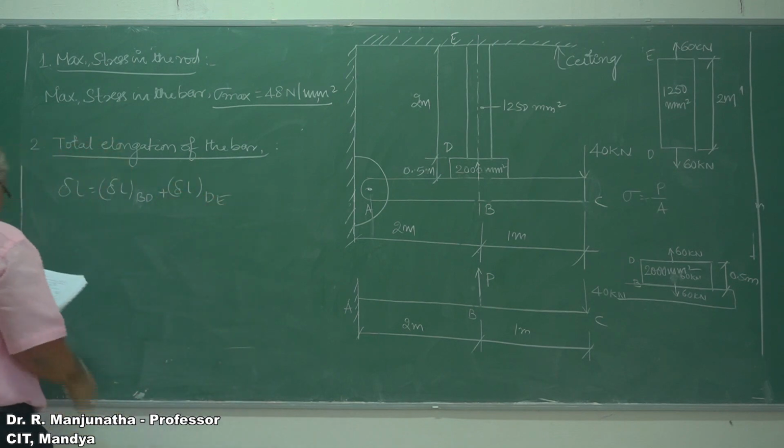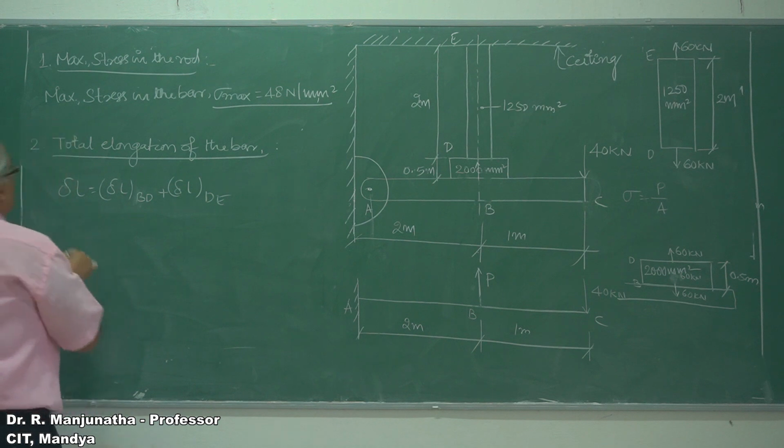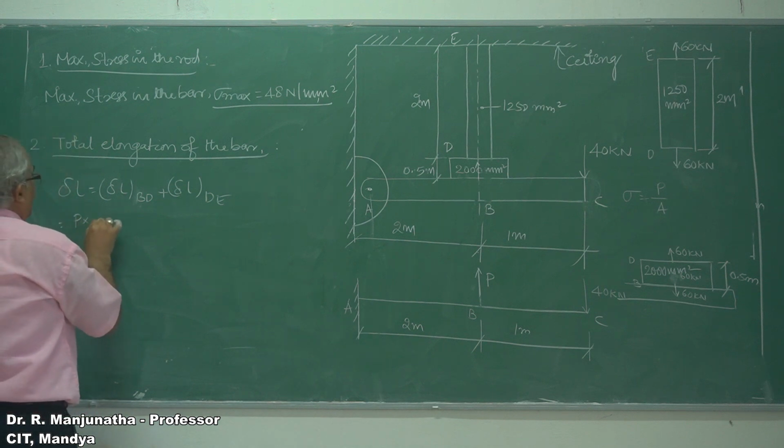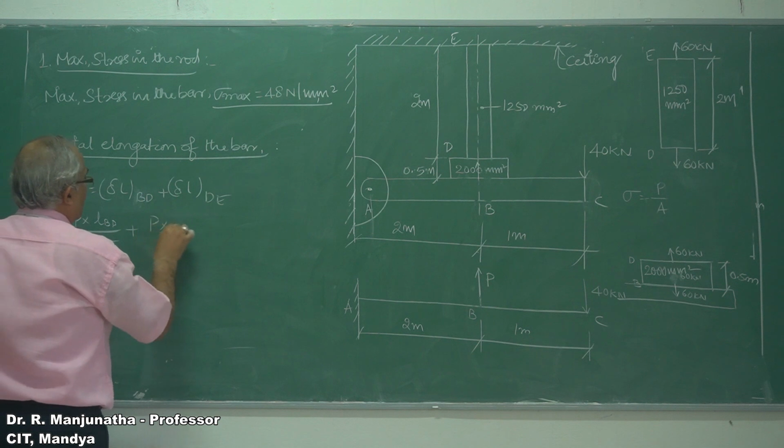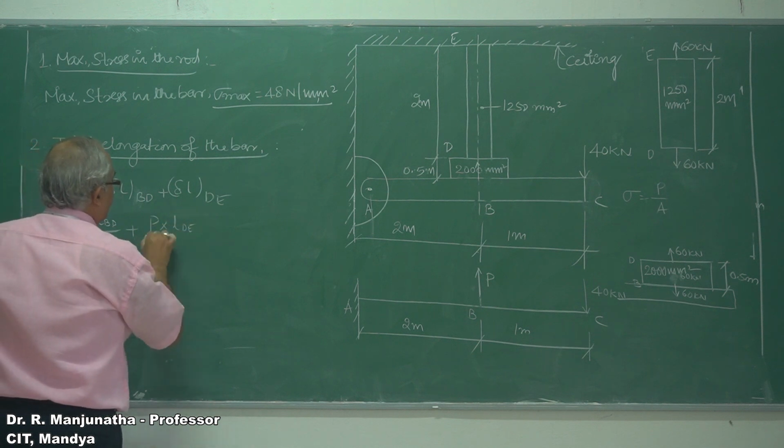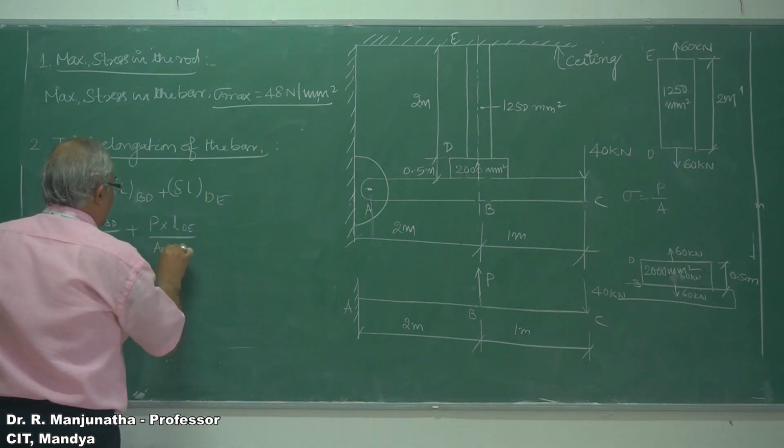So that will be equal to P into the length of BD by the area of BD into E, plus P into the length of DE by the area of DE into E.